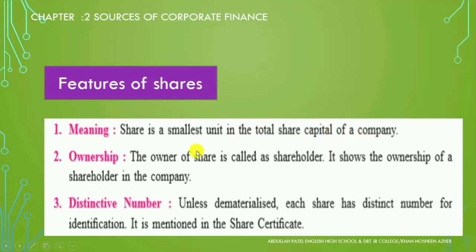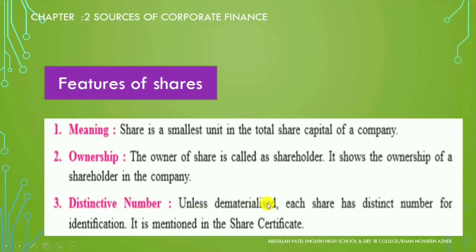Second, ownership. The owner of the share is called the shareholder. It shows the ownership of the shareholder in the company. And how do you become a shareholder? After buying the share.